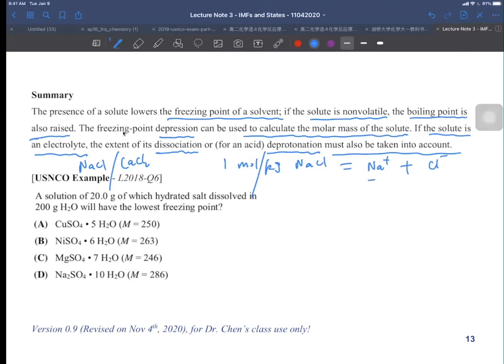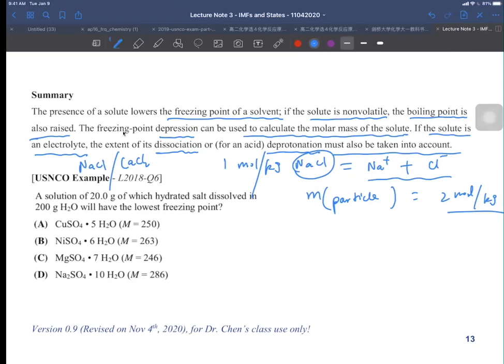So the molality of the particles is 2 mole per kilogram, right? This is something you need to pay attention to, because we do not have any sodium chloride left in the solution. Sodium chloride is completely dissociated. Make sense to you?